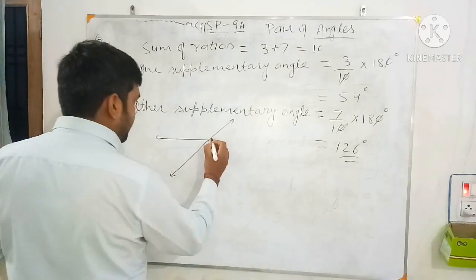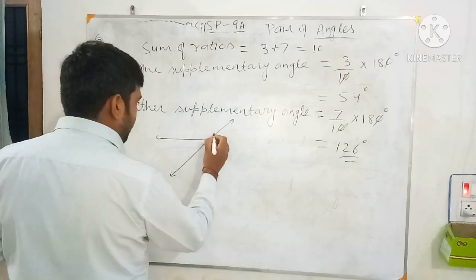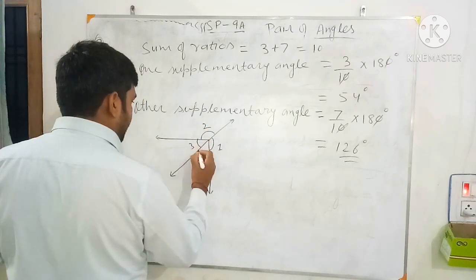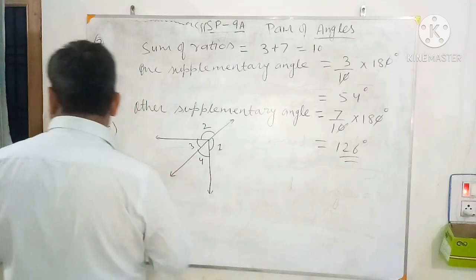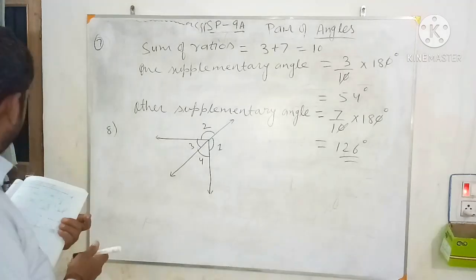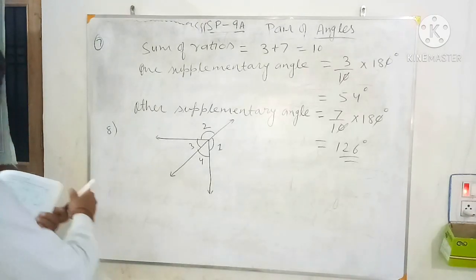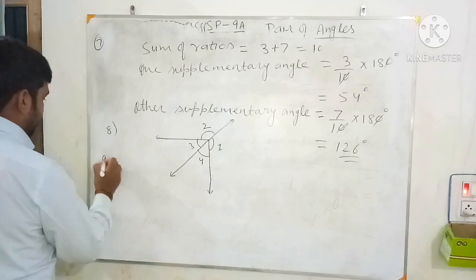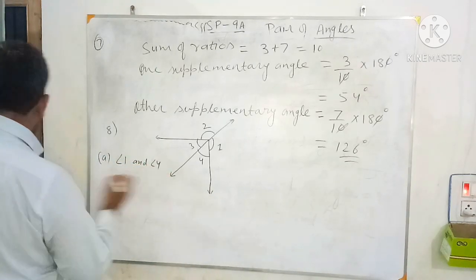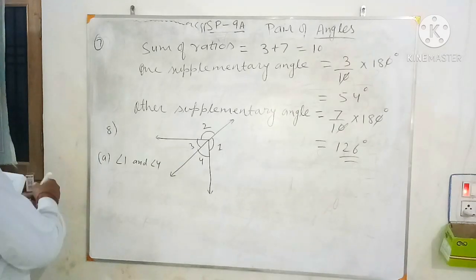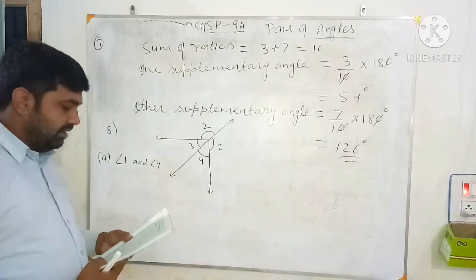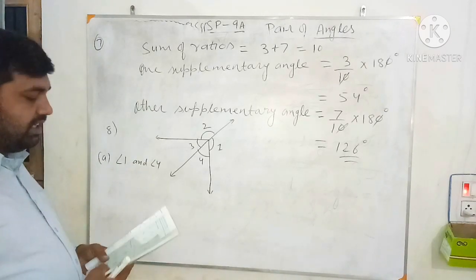This is angle 1, this is angle 2, this is angle 3, and this is angle 4. There are 4 angles. We have to tell whether the pair, angle 1 and angle 4, is only adjacent or forms a linear pair.